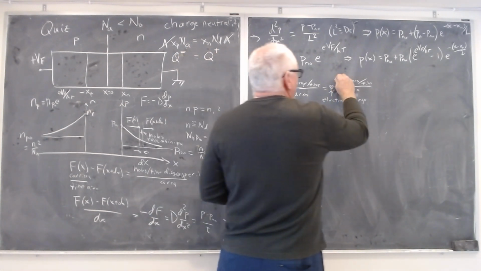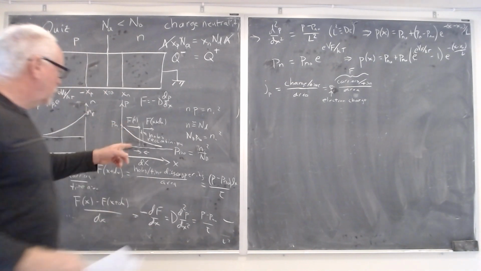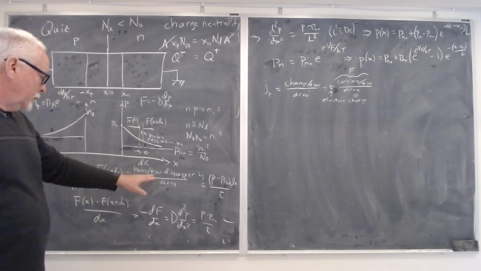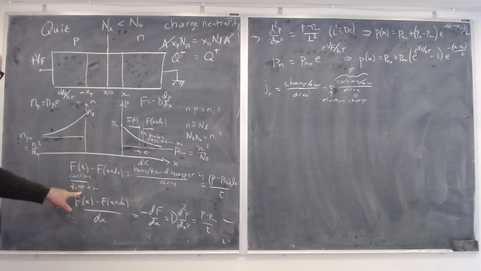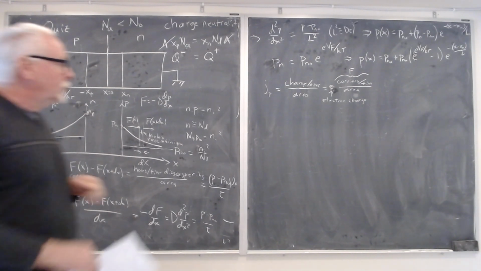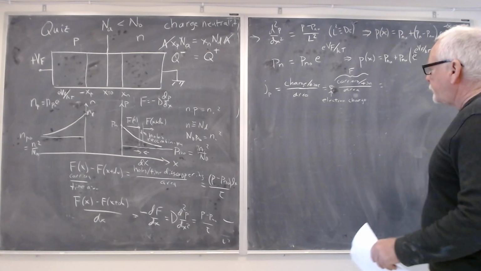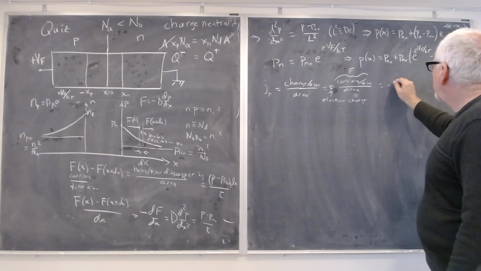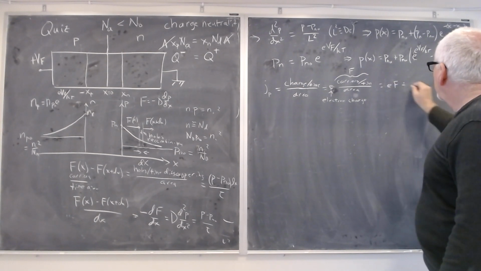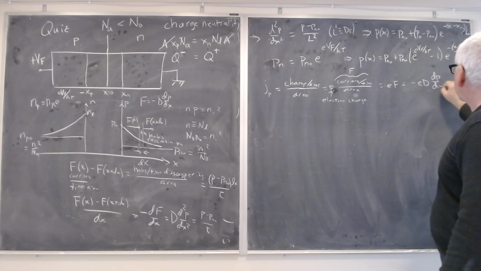And this is F, that's F. So J is just EF, or minus E D dp dx.